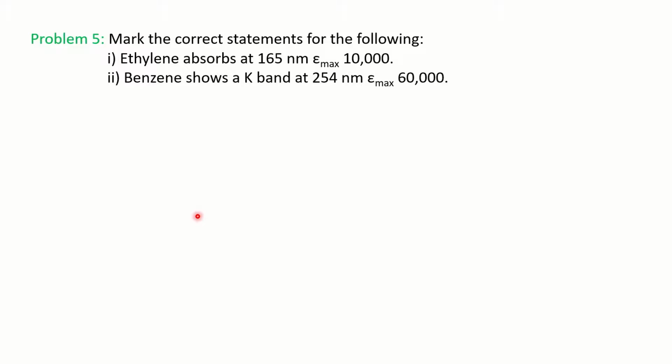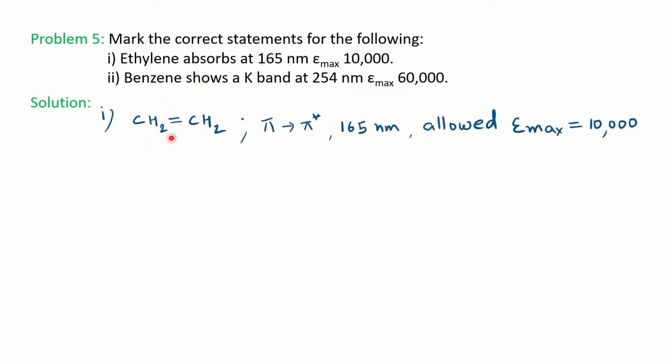In the next problem, two statements are given and you have to mention whether each is true or false. The first statement says ethylene absorbs at 165 nanometer and the molar absorptivity is 10,000. Ethylene has only sigma and pi electrons, and the molar absorptivity value of 10 to the power 4 suggests it is an allowed transition.